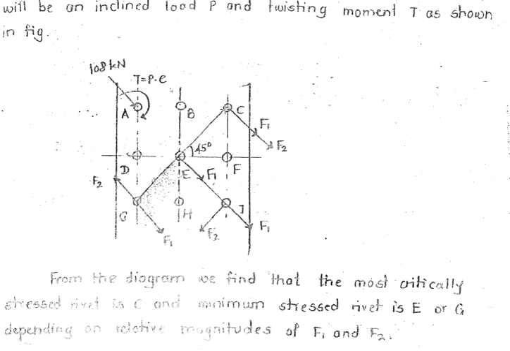At C we can see that the force being applied is in this direction, and the force of resistance for this 108 kilonewton will be in the opposite direction. Similarly, this torsion will try to rotate it like this, clockwise, and the force applied will be F2, and the resistance will again be opposite of that.